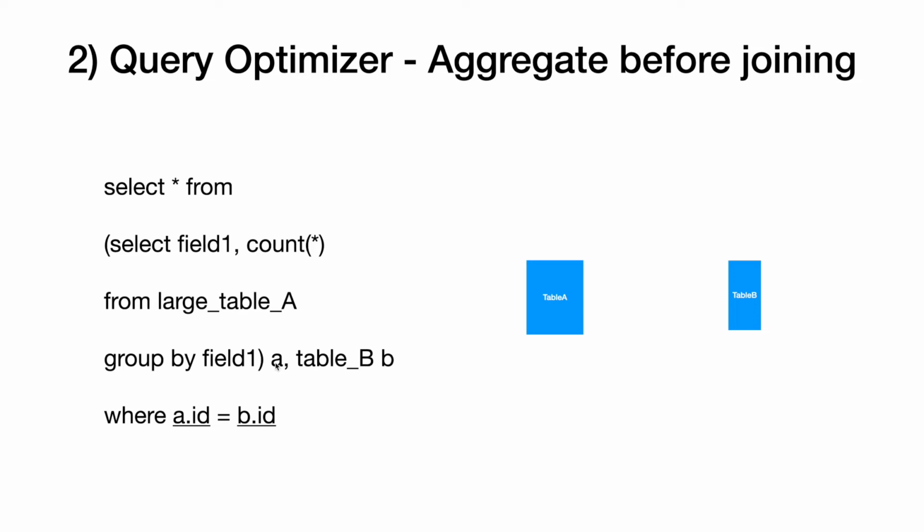Within Druid, you can't really provide database hints or anything like that to tell the optimizer what order you want to go by.